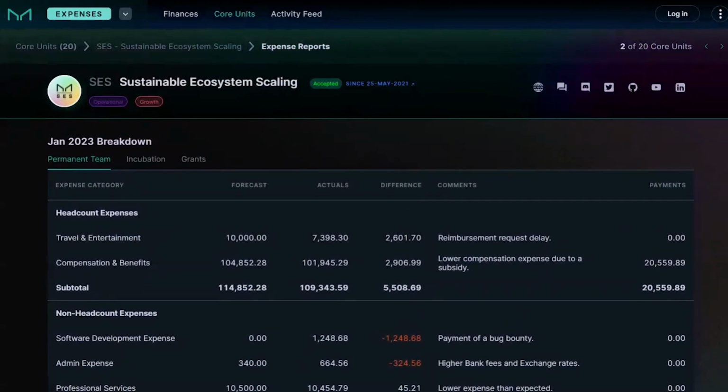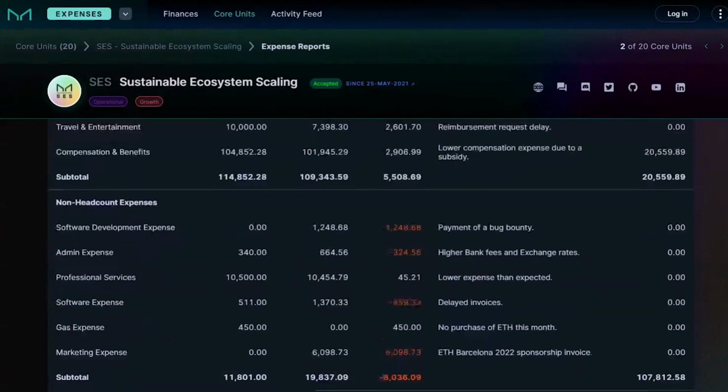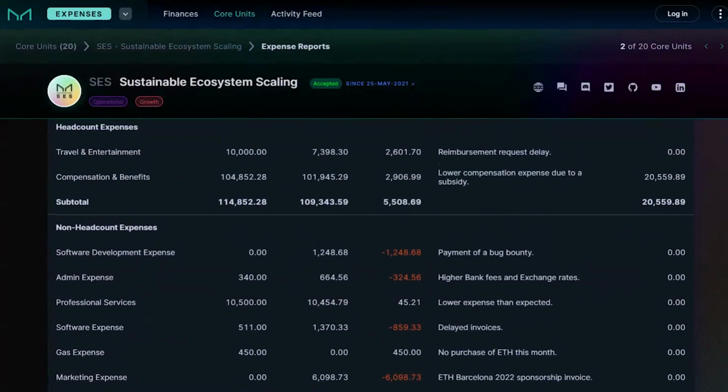And you see other categories such as travel and entertainment, but external software development expenses, for example, are separate. We have administration expenses, professional services, expenses for software licenses and such, and then also typical crypto things like the gas expenses that are needed to send transactions, and also, for example, marketing expenses. And these are about the most important expense categories that we're currently keeping track of.